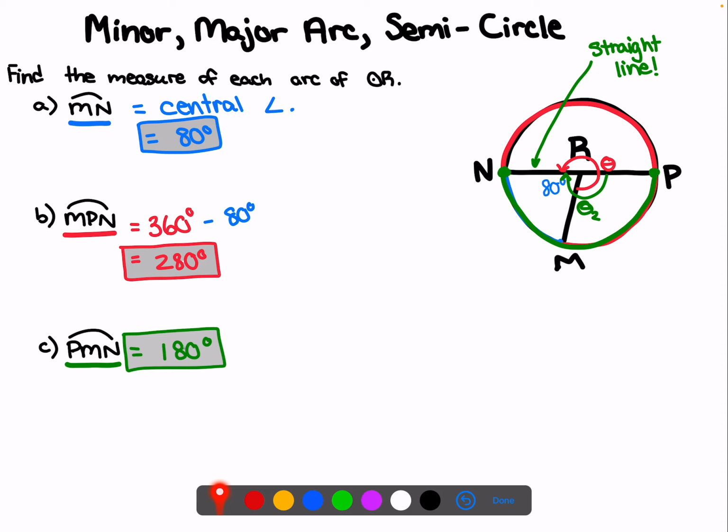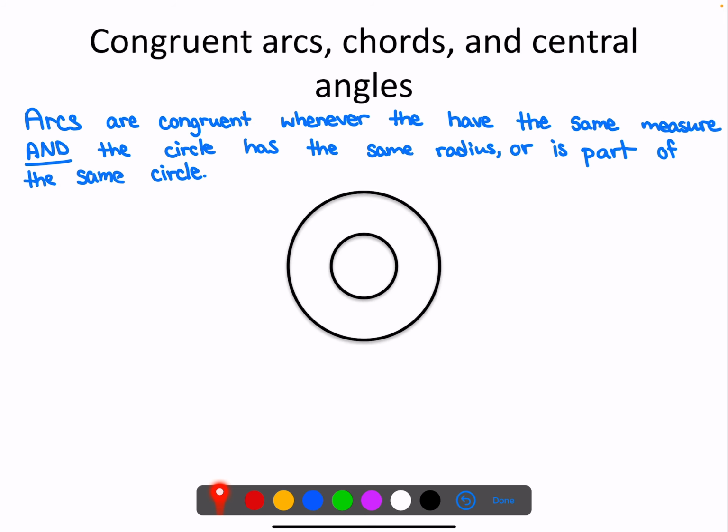All right, next up, let's go ahead and focus in on the difference between the amount of openness, the angle measure, and the length of our arc. Arcs are only congruent whenever they have the same central angle, the same angle measure, and the circle needs to have either the same radius or they need to be part of the same circle.